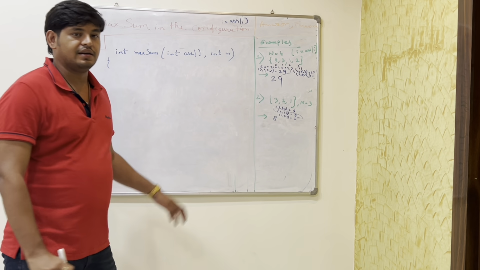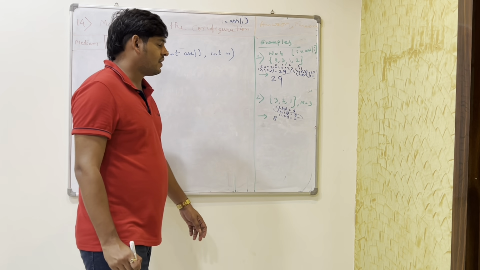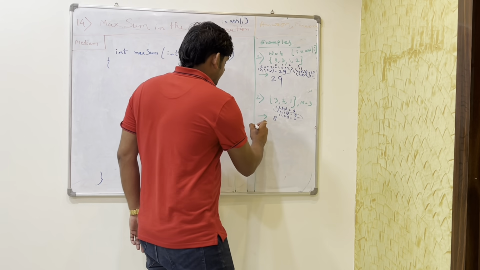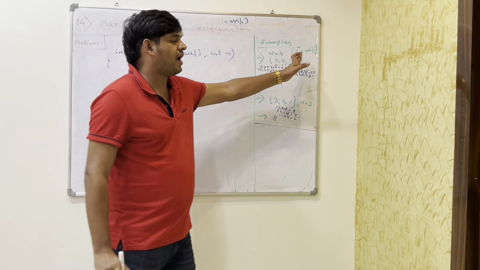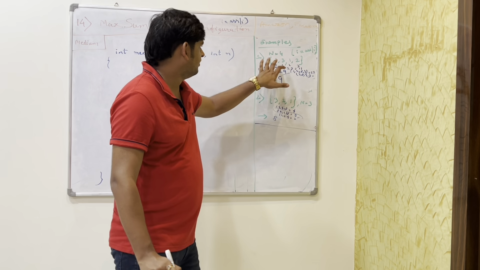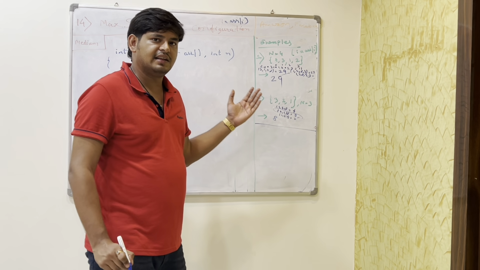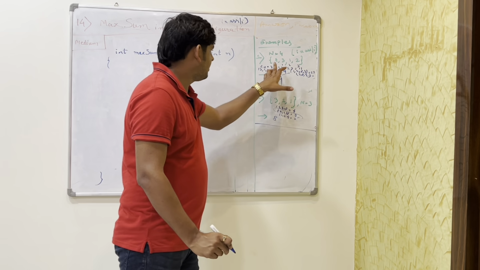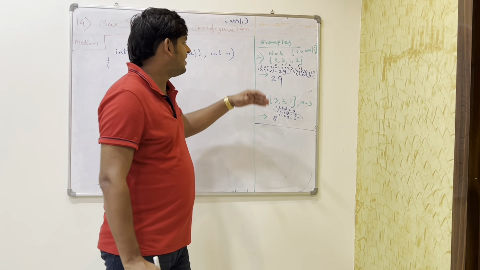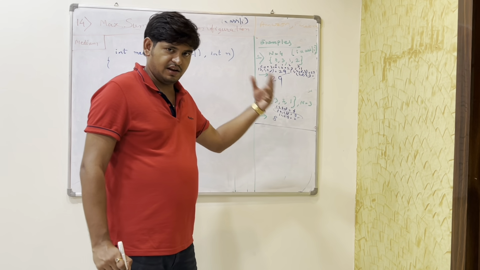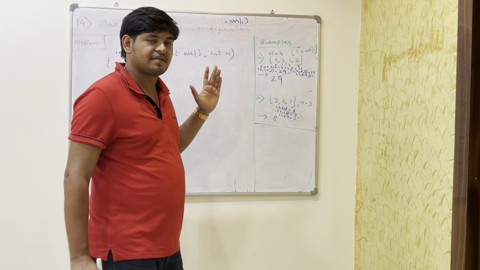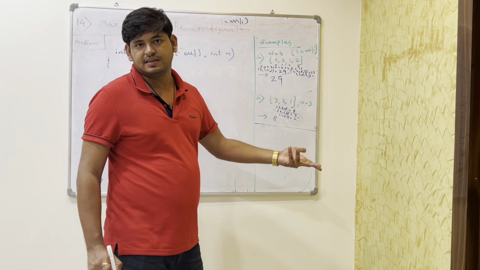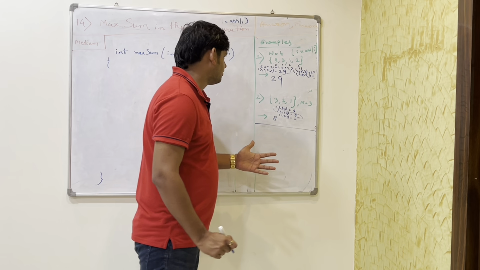So how do we find this? The first solution is we can find the I into array I value for the first configuration and store it. Then we rotate the array, find it again, and check if it is greater than the previous maximum sum. If it is greater, we will replace it. We have done some such kind of questions.